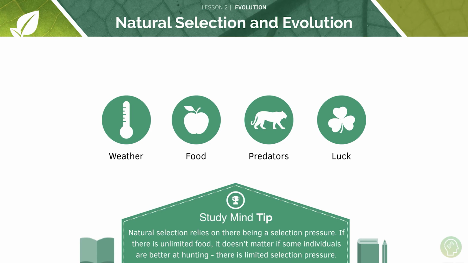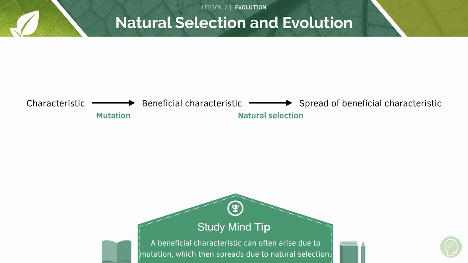Natural selection relies on there being a selection pressure because otherwise, if everything is in plentiful supply, there is no pressure on the alleles because both rams with large horns and rams with short horns don't have to compete because there's plentiful supply. But this obviously tends not to be the case in general life.